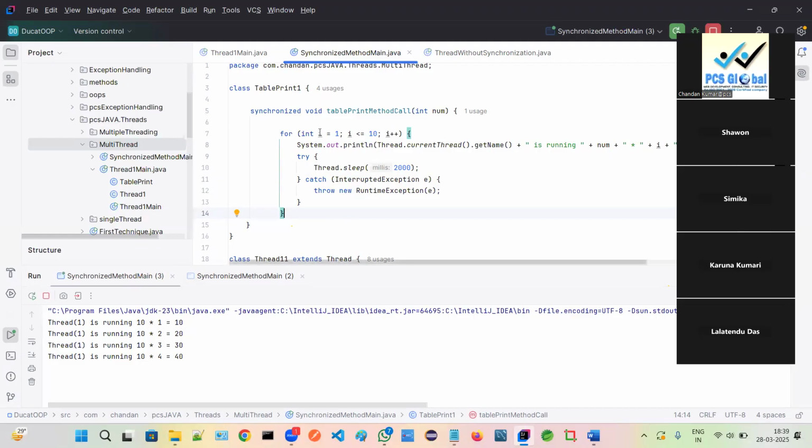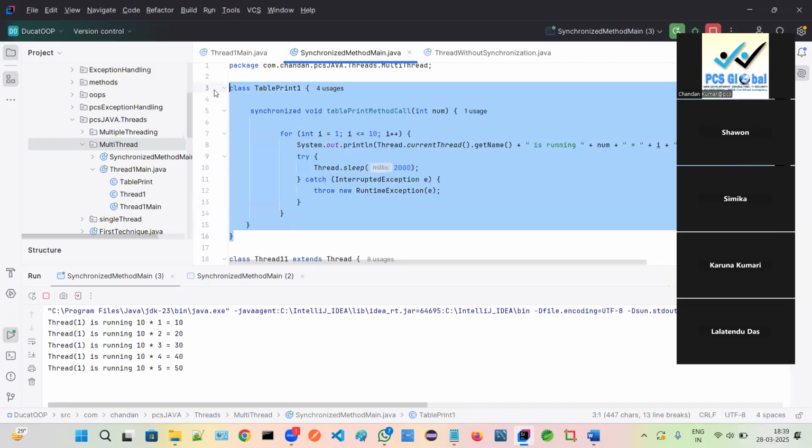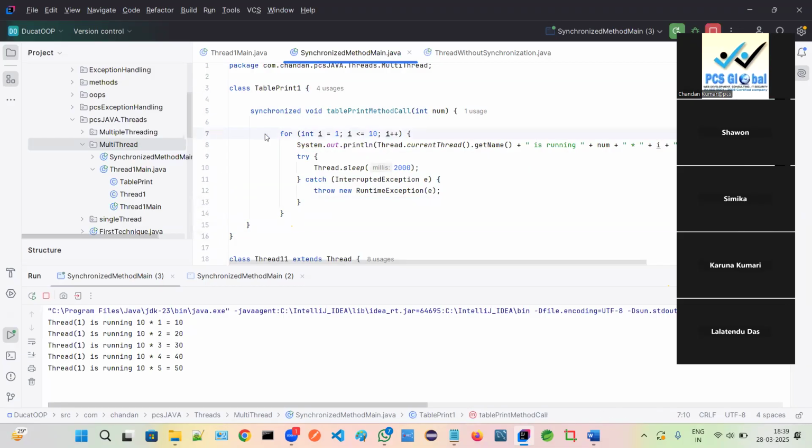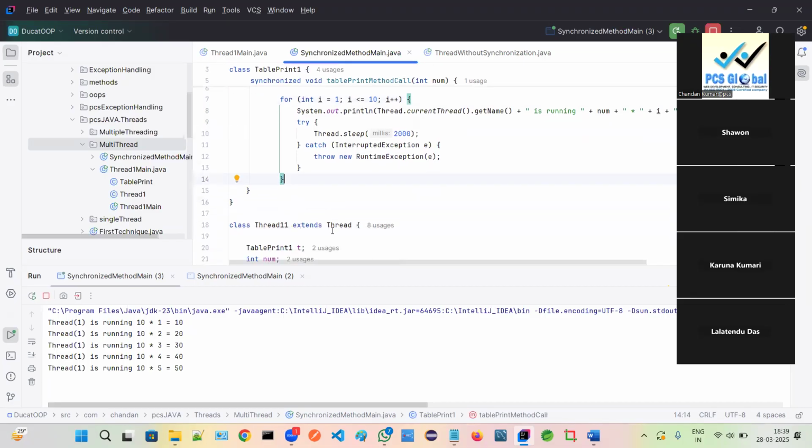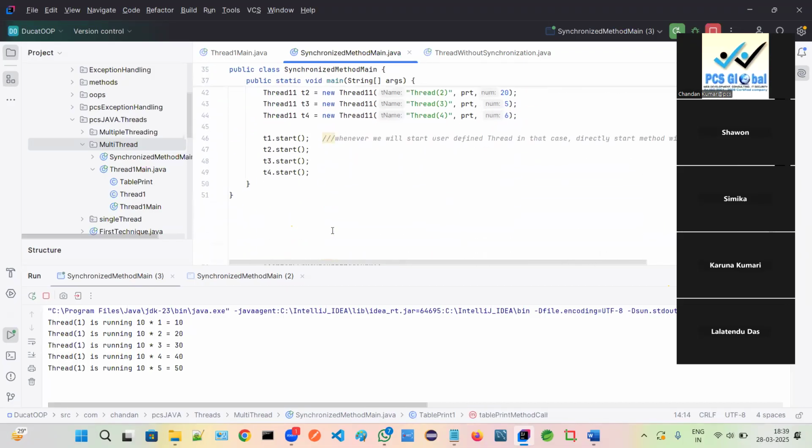Because multiple threads are accessing at the same time and they are printing the data in zigzag mode. Clear? So this is synchronization, and one problem we have solved, that printer spooler problem, print table problem. Clear? Now the synchronization concept is clear for all of you.